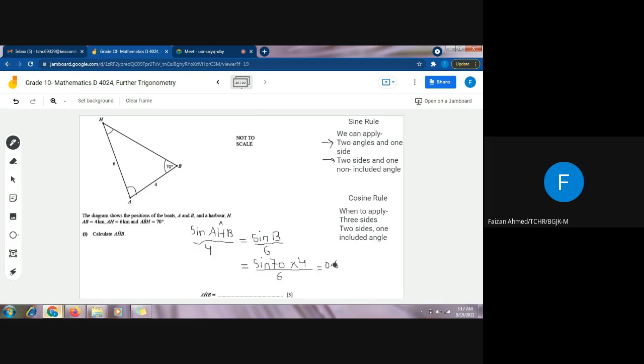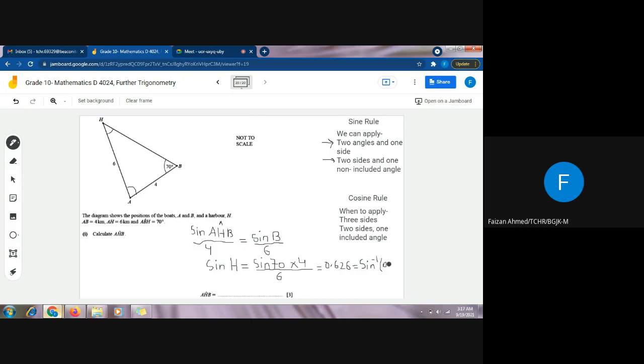Since I have to find the angle, I have to shift this sine to the other side. In short form, that is sine H. You know that when sine goes to the other side, it becomes inverse. So it will be sine minus 1, and inside the bracket I will write 0.626.